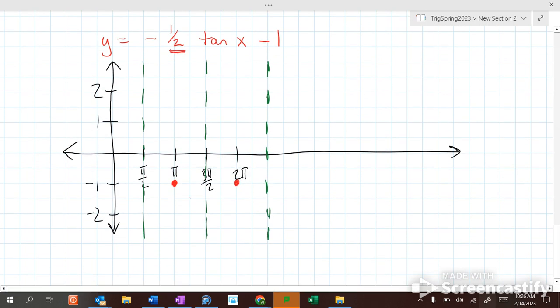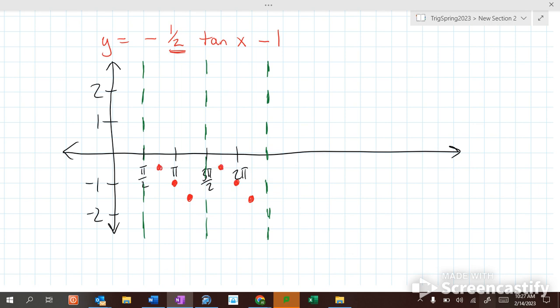Go down by 1. So I'm at negative 1/2. Okay. Then going this way, I was normally down by 1. But if I multiply by negative 1/2, I'm up by 1. But then I go down by 1 with a slide down by 1. I should be here.